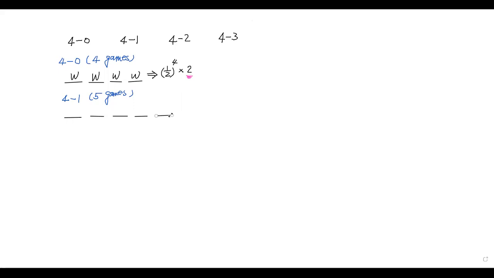The last game has to be a win. So inside, one of these positions will be a loss, and the others will be wins. This loss can be here, here, here, or here.